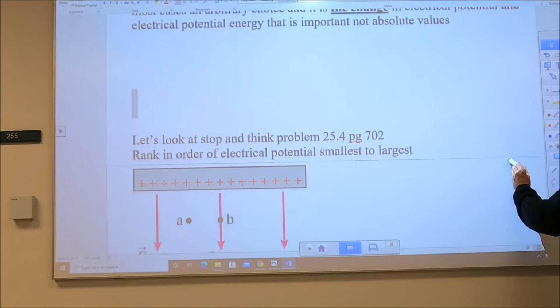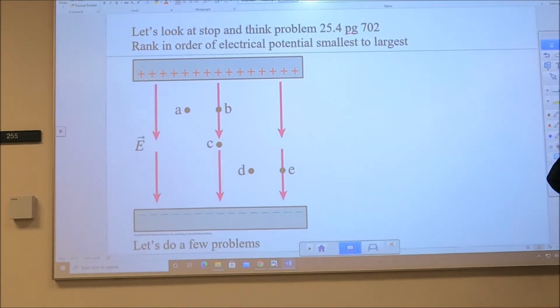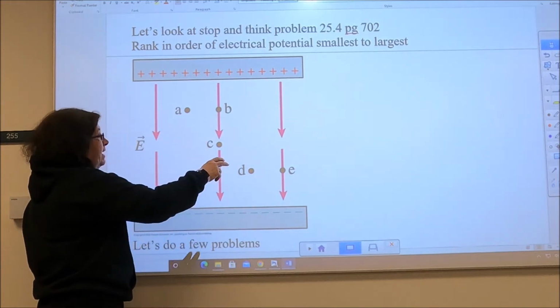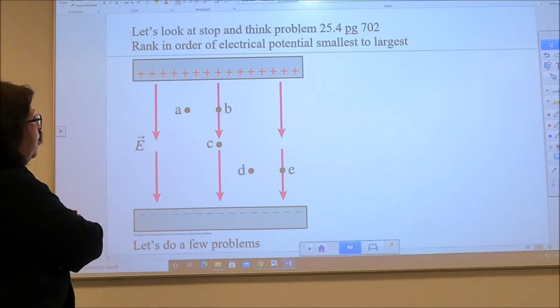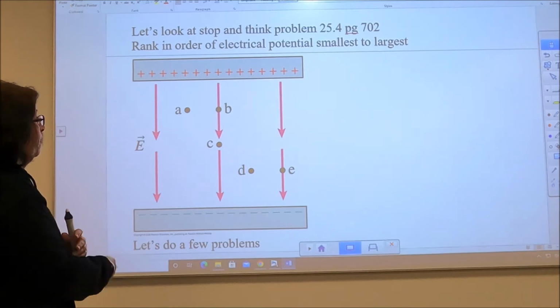Okay, let's look at Stop and Think problem 25.4 on page 702. All right, now A, B, C, D, and E. The question asked in this problem is where is the potential the highest and where is the potential the lowest? Kind of rank them.